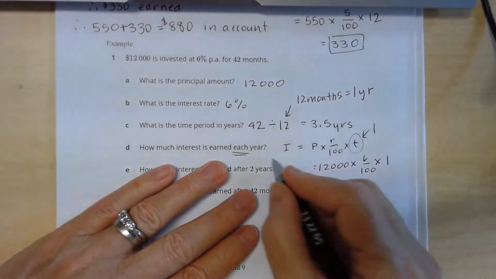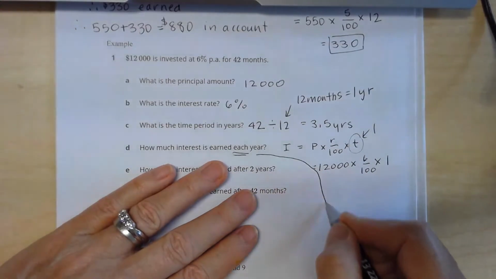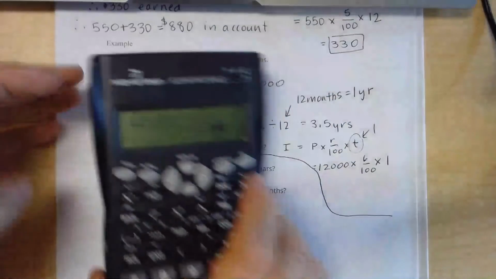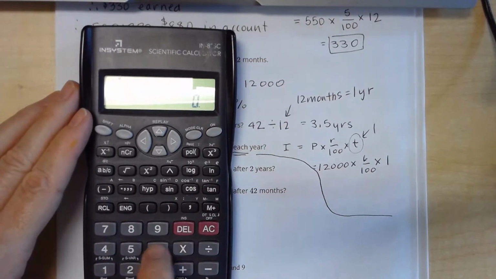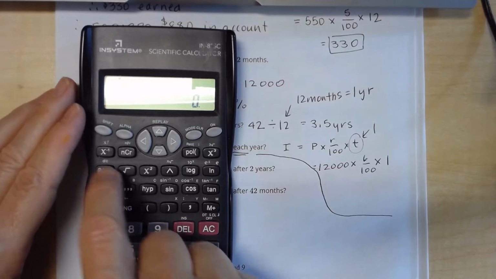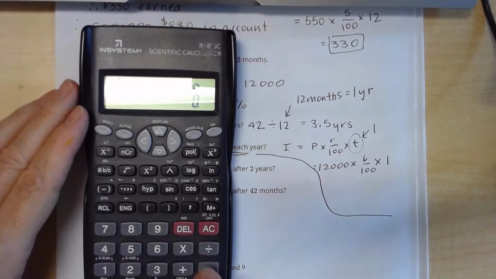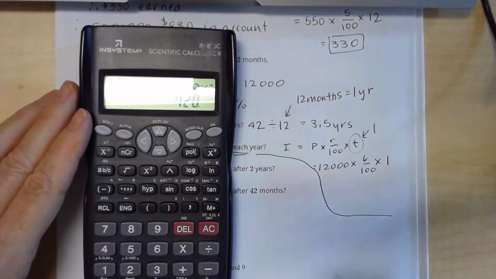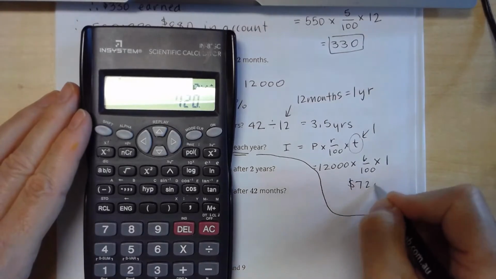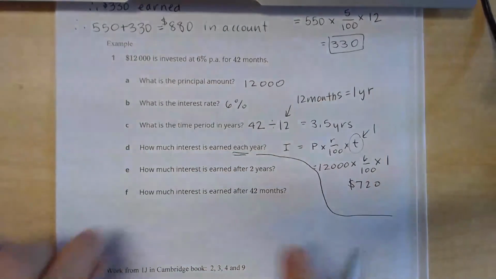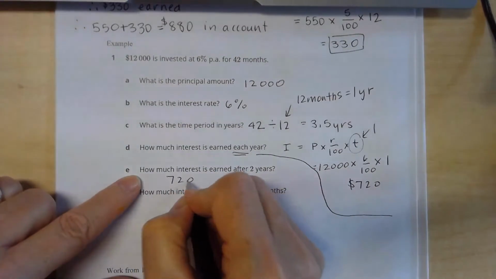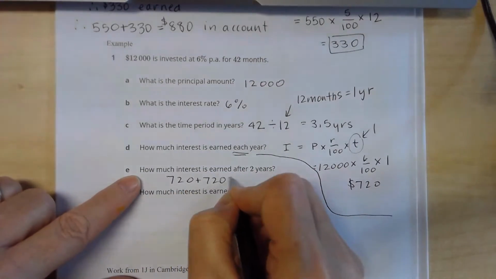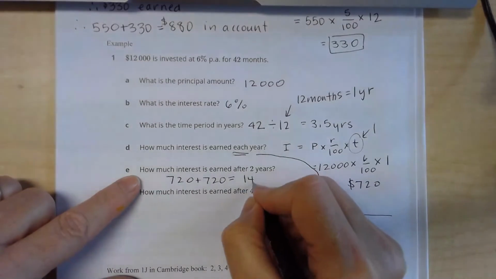I'm going to type in 12,000 times 6 divided by 100 times 1. So $720 each year. Then it says how much interest is earned in 2 years. I can just add 720 plus 720, or 720 times 2.